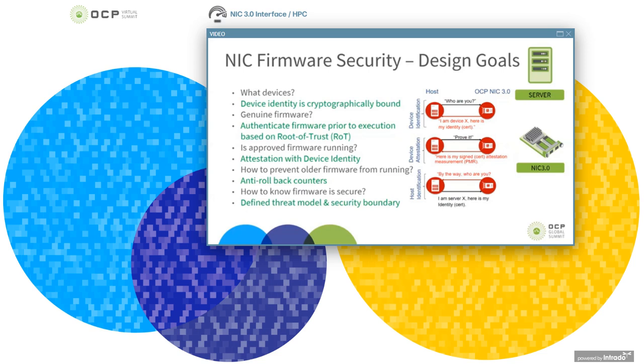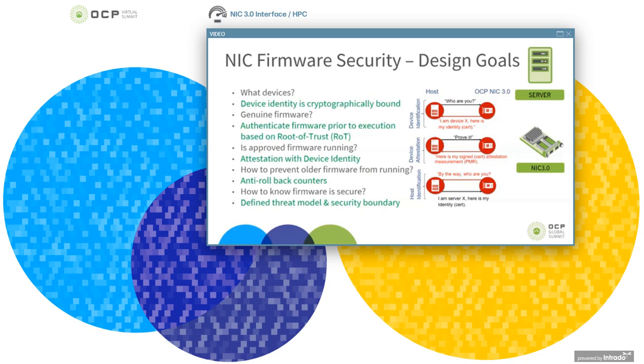If you look at typical servers, there's a host, and then there's some number of typically PCIe or other devices in the system. In this example, we'll use an OCP 3.0 NIC. And big picture, the first thing you want to be able to do is for the host to identify what devices are present in the system. This is essentially called device identification.